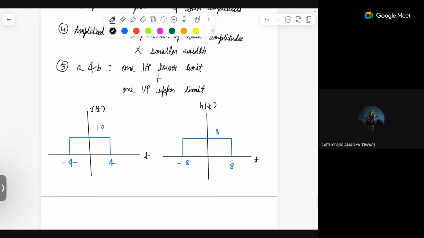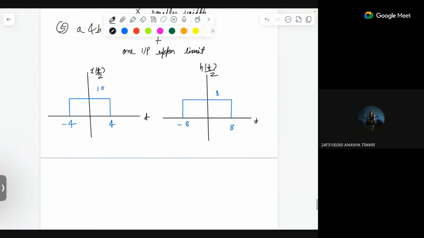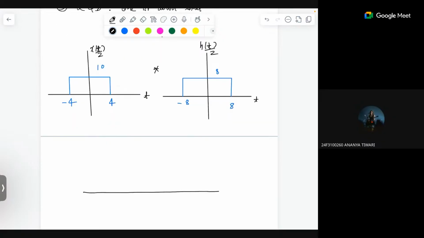And yes, this is t by 2, t by 2. Z of t is the convolution of these. So when we use the property, we will have the following. This is z of t.